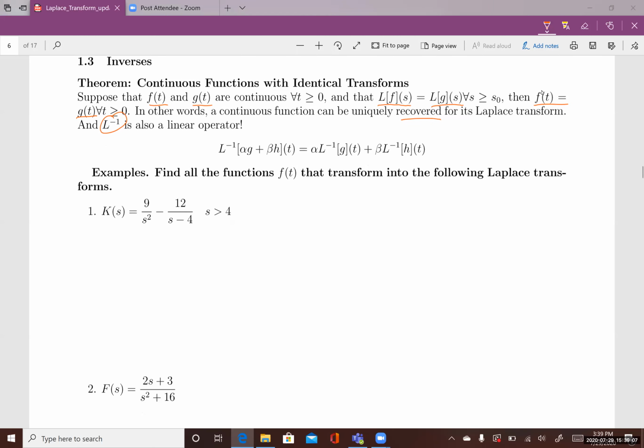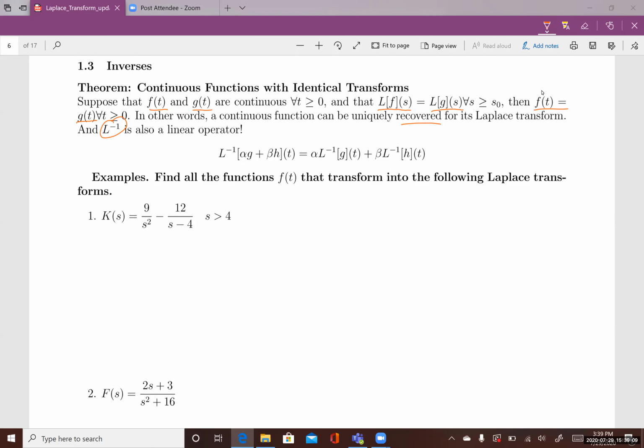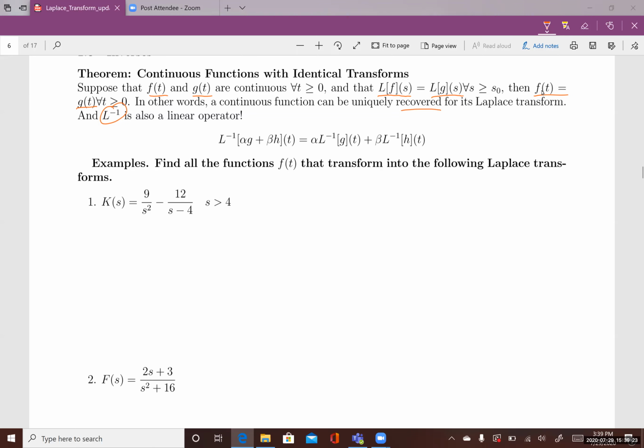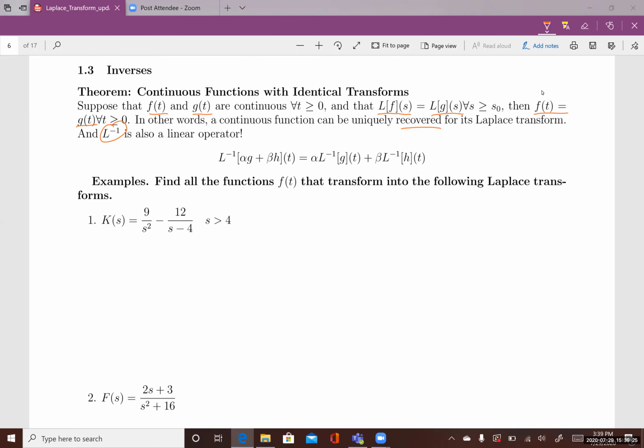Again, this theorem says that if you have a Laplace transform of a function, you can find a unique function that corresponds to that Laplace transform. So that will help you make sure that there's only one original function corresponding to a given Laplace transform.